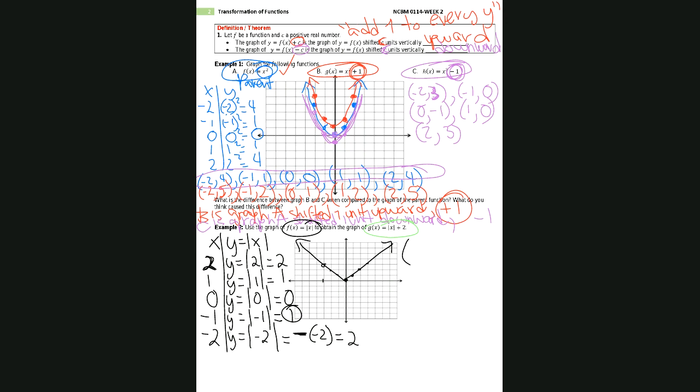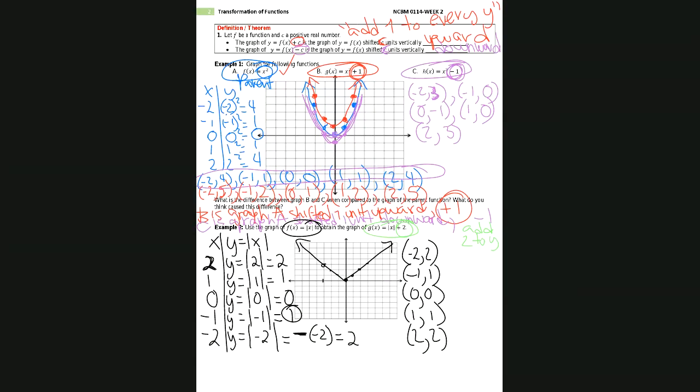So let's say negative 2, comma 2, negative 1, comma 1, 0, comma 0, 1, comma 1, and 2, comma 2. So with our transformation, what we're going to do is add 2 to every y value. So add 2 to y.